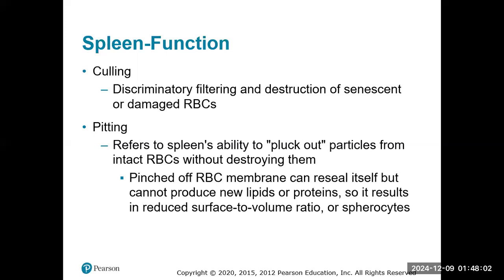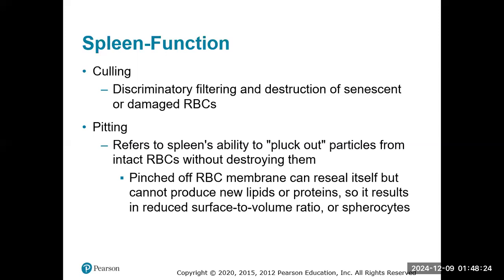When red cells mature, they have a nucleus, and as they get near the mature red cell that we see in our peripheral blood, it spits out the nucleus. But sometimes there are little things left in there, and the spleen can pinch that out so that the red cell can fully function, and that membrane will close itself back up.